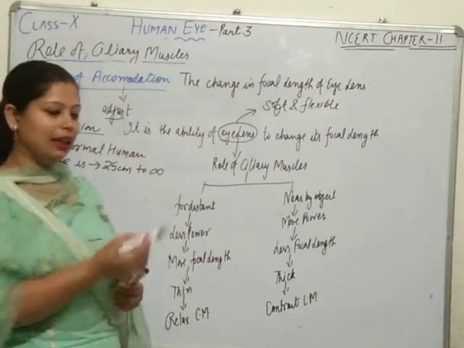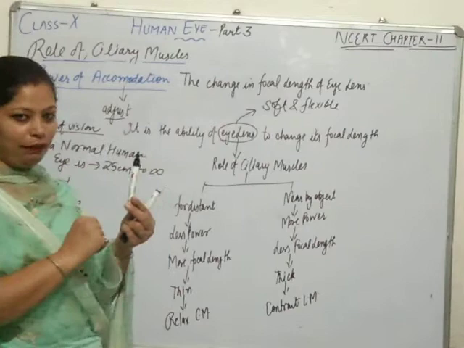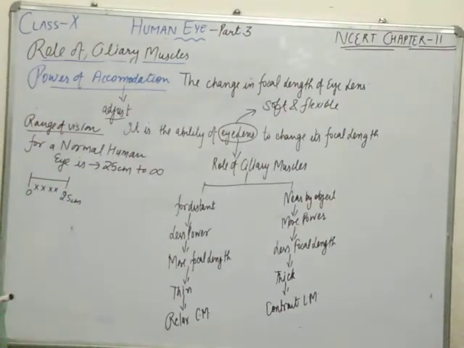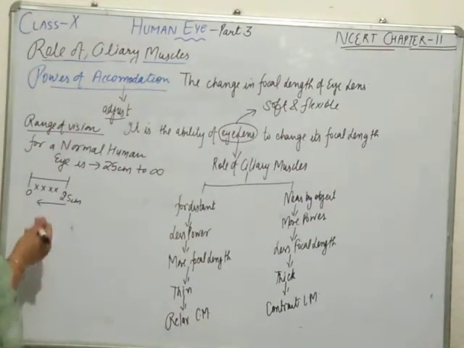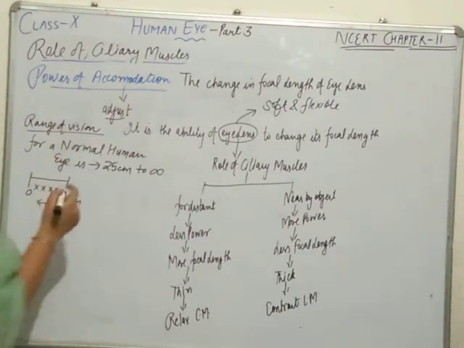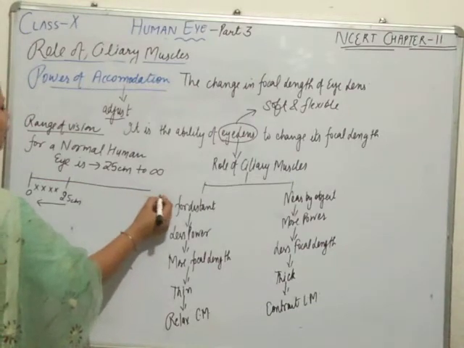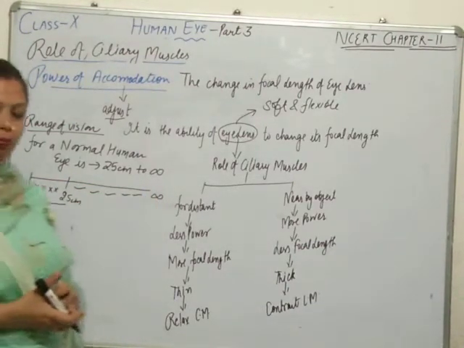But you will say that ma'am, pen is visible to me but it is not at 25 centimeter. But you can't read continuously beyond a range that is 0 to 25. In this range interval you can't see. There will be strain on our muscles. From 25 up to infinity we can see without any problem.